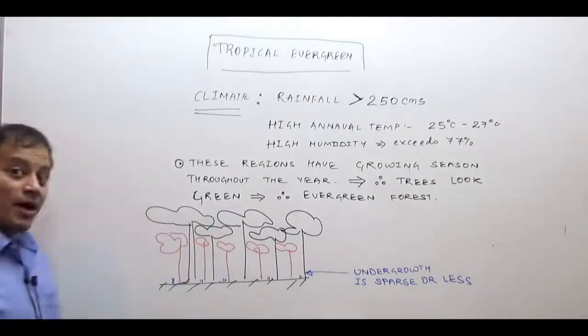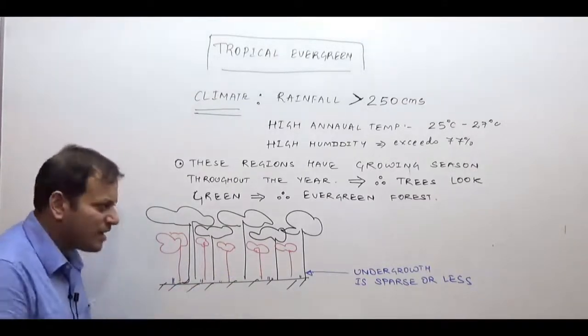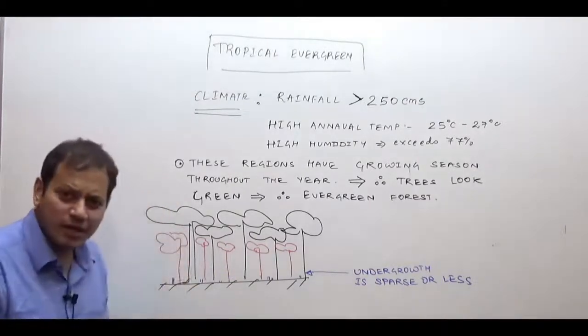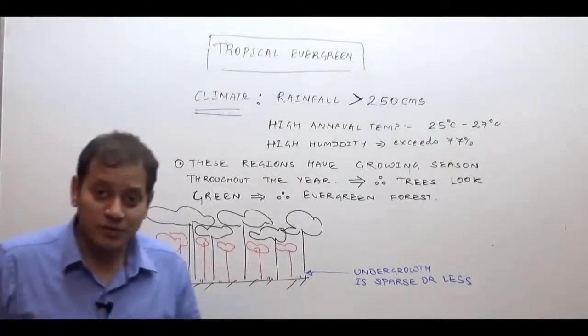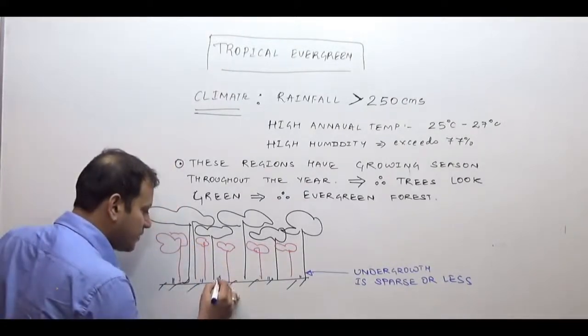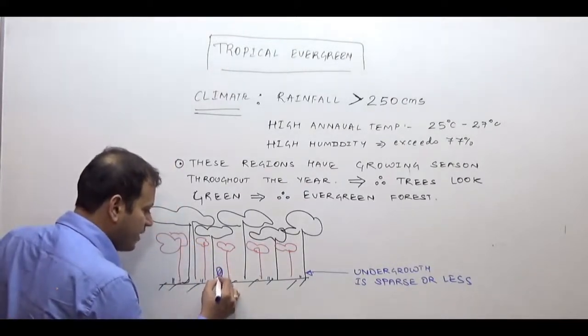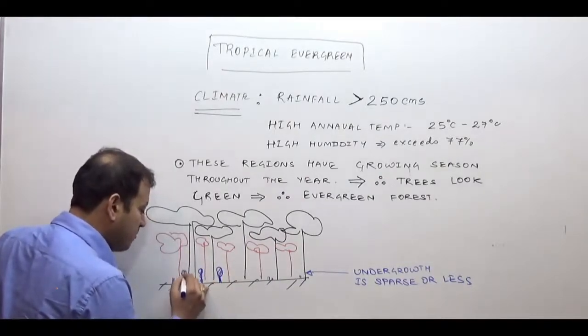But in some areas of this region there are some plants which cannot grow up to a greater height, they cannot undertake photosynthesis, but they have to survive. So how have they adapted? There are some plants here which have become carnivorous.